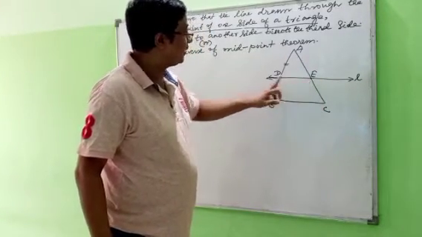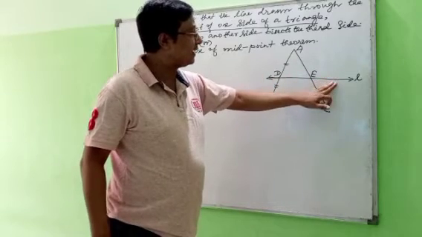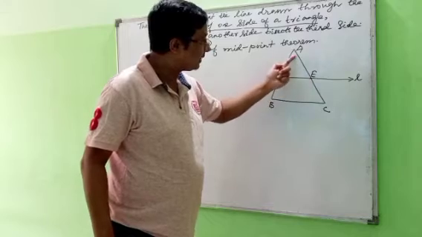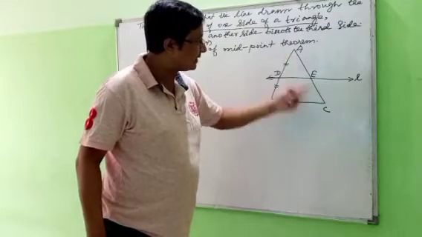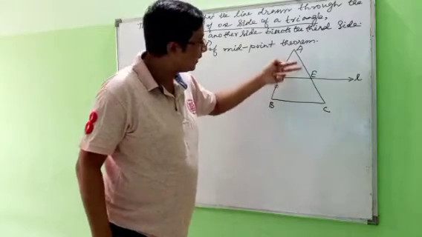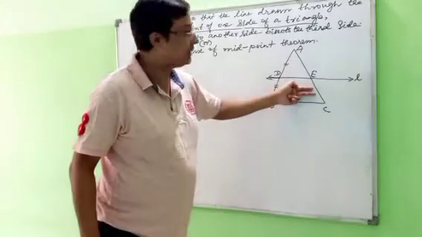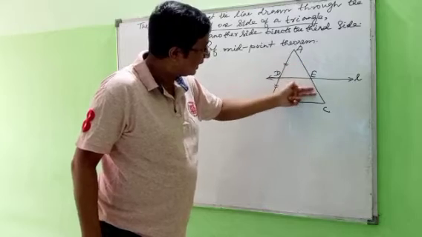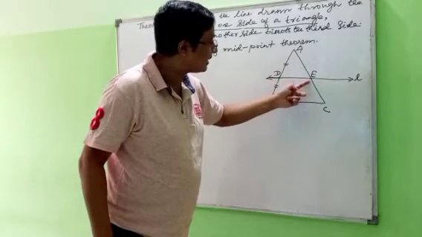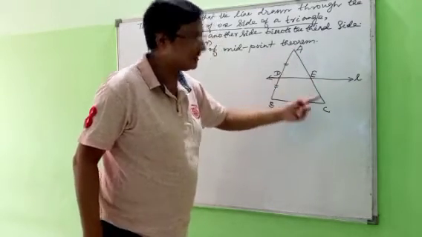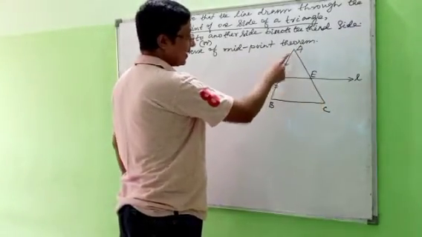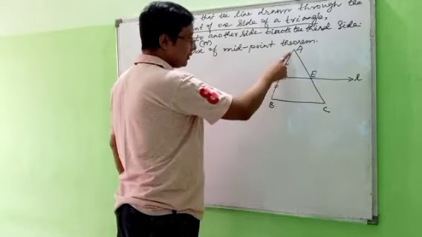If the line L bisects AC, then the point E must be the midpoint of AC. That means you are to prove AE is equal to CE. If you prove these two segments equal, then the line L will bisect the third side, that is AC. In this triangle the first side is AB.